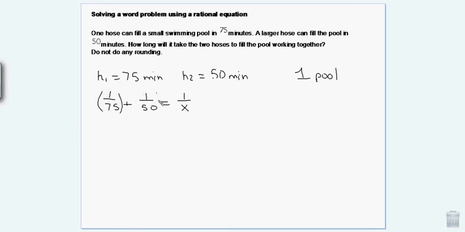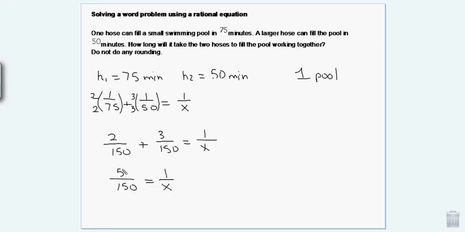Our common denominator is going to be 150, so I need to multiply this one by 2 over 2 and this one by 3 over 3. So I get 2 over 150 plus 3 over 150 is equal to 1 over x. That gives me 5 over 150 is equal to 1 over x. I can divide both of these by 5. So I get 1 over 30 is equal to 1 over x. X, therefore, is equal to 30 minutes.